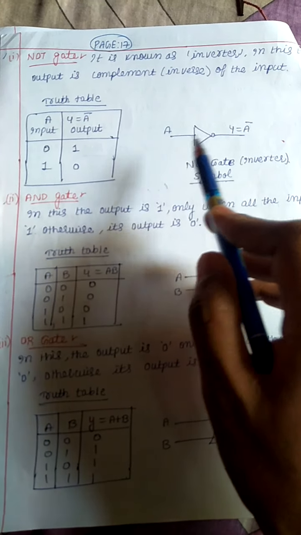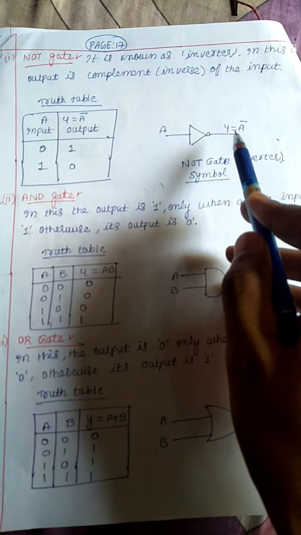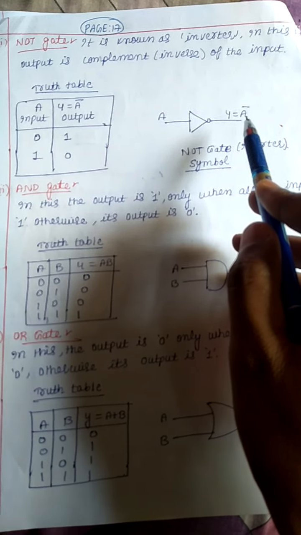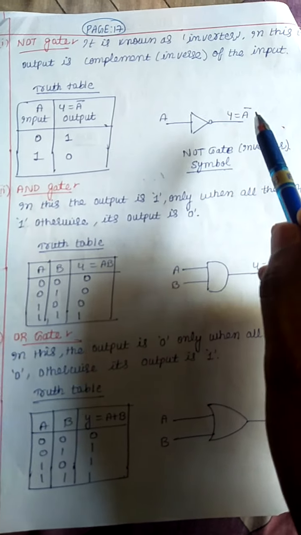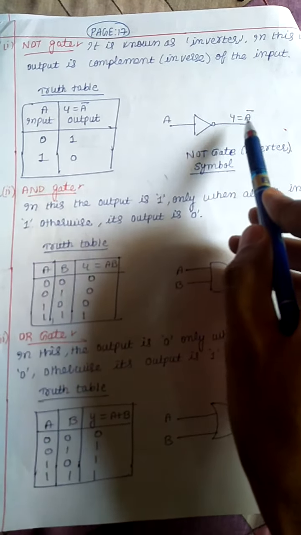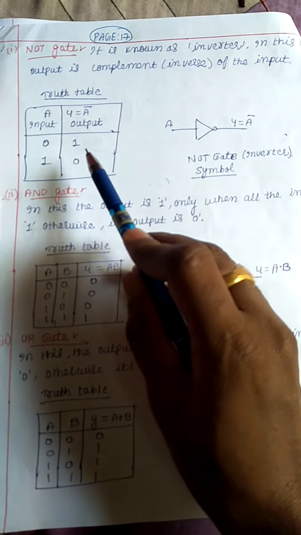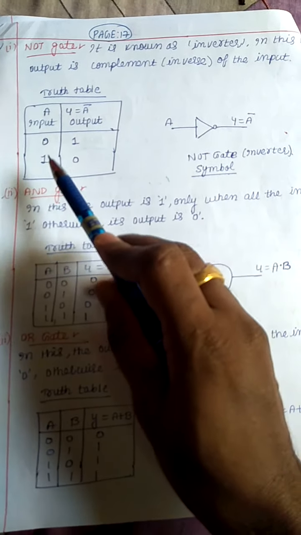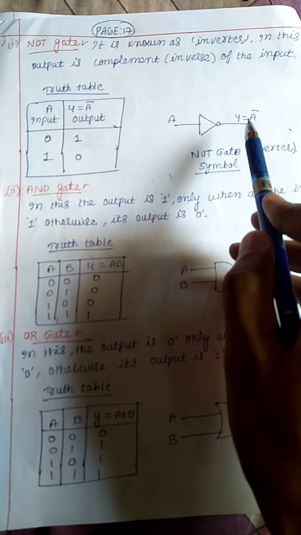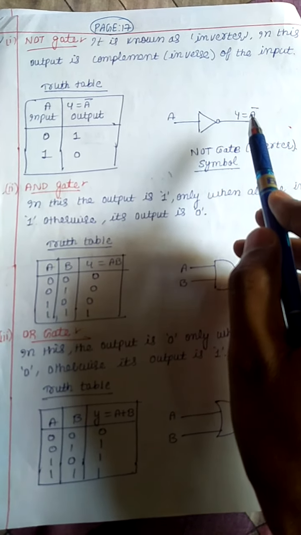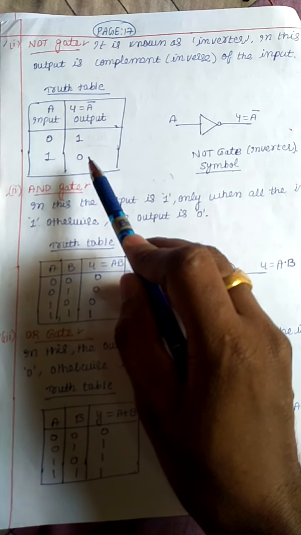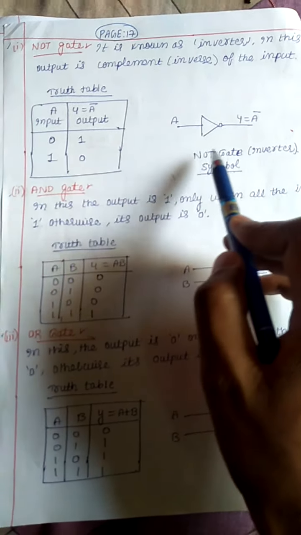A is an input, the output is Y, which is the complement of A, that is A bar. If A is 0, then the output is 0 bar, which is 1. If A is 1, then the output is 1 bar, which becomes 0. Okay, it is an inverter.